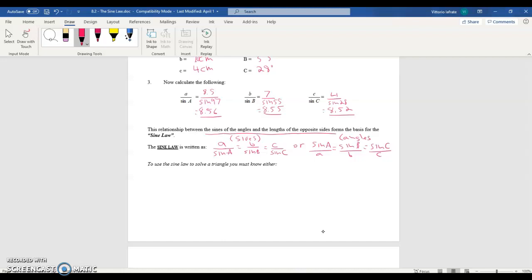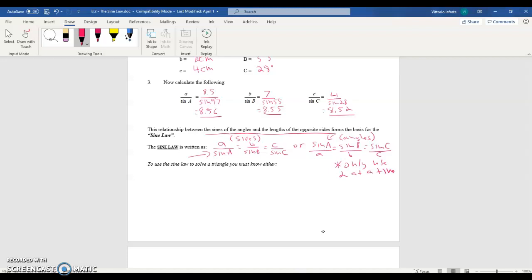So when you're looking for sides, write the sine law like this. When you're looking for angles, write it like this. And what I want you to get is that when you're solving a triangle and you're looking for sides or angles, you're only going to use 2 at a time.